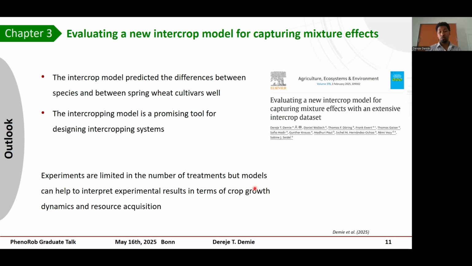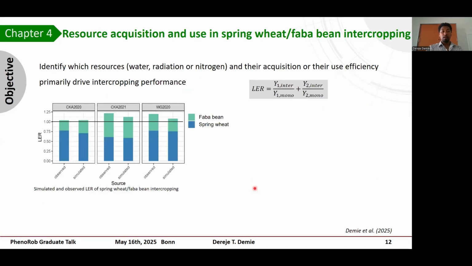I will now show you one example of how we apply the model to understand resource acquisition and interaction in a spring wheat faba bean intercropping system. The objective of this work is to identify which resources underlie the performance of intercropping systems, and whether acquisition or use efficiency primarily drives intercropping performance.